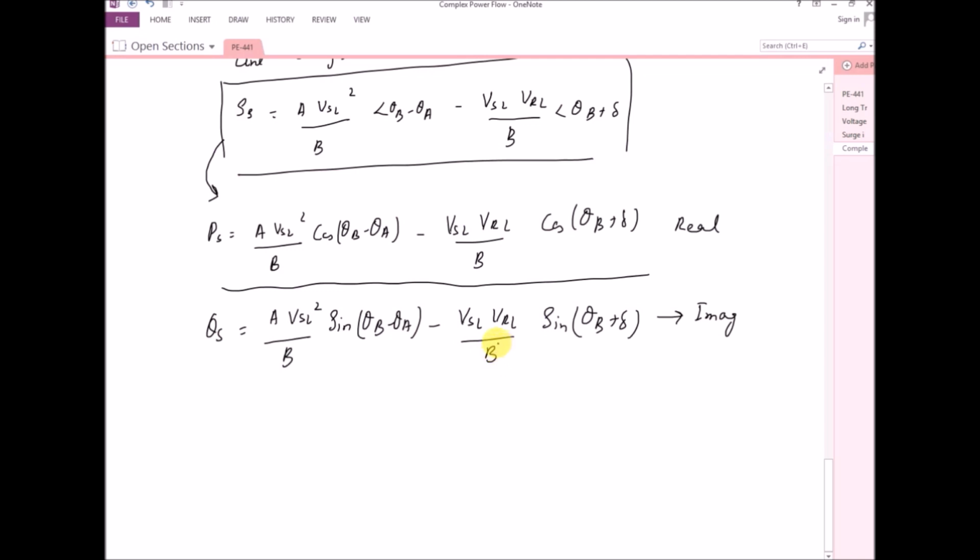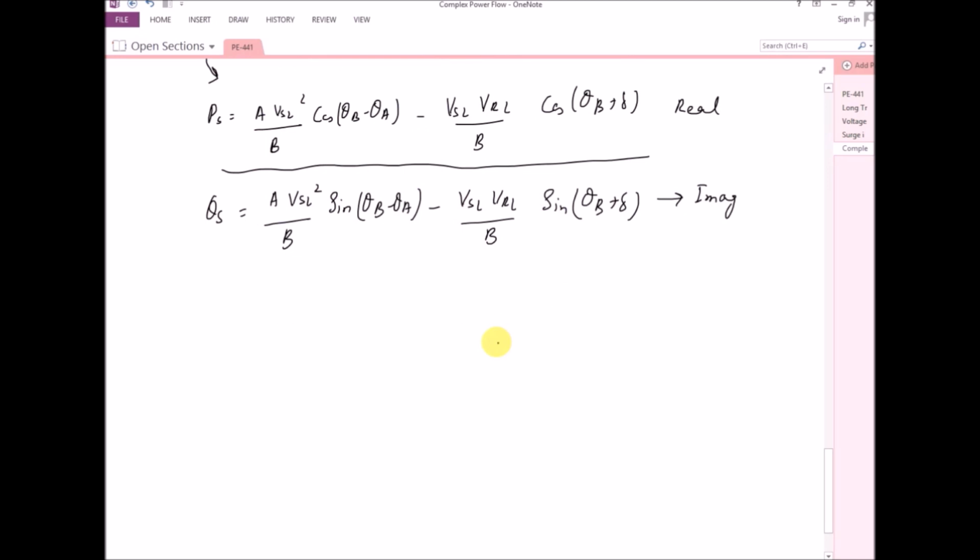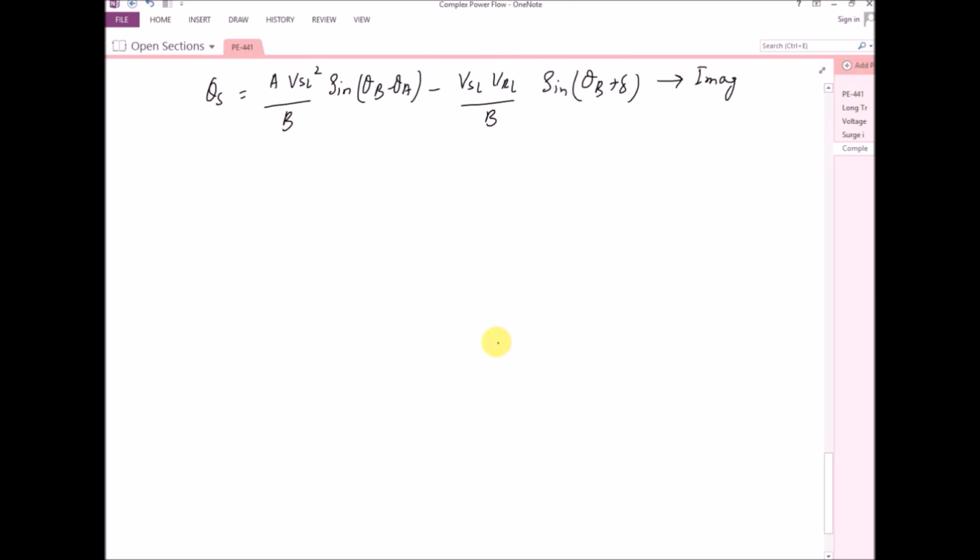Now we have calculated the generic terms for the sending end complex power as well as for the receiving end complex power. Now we want to find the maximum power transfer. For the maximum power transfer, we will use the maximum value theorem, in which we take the derivative with respect to delta and make it equal to 0.